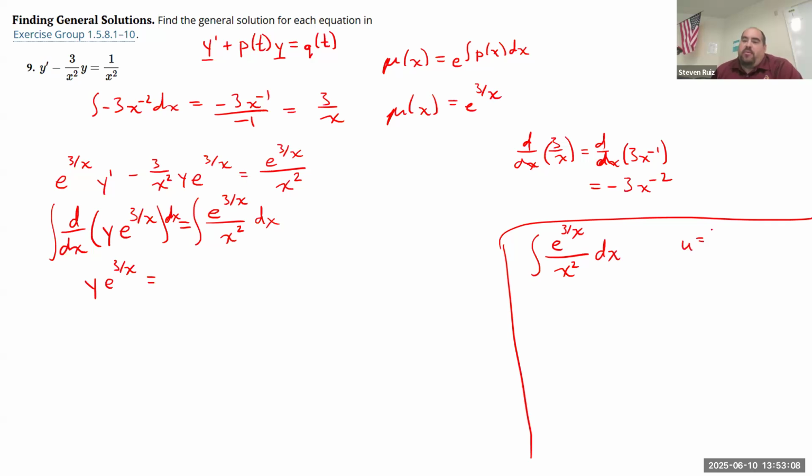I'm going to let u equal 3 over x, which means du will be equal to, we already did this, negative 3 over x squared dx. So how do I transform the rest of this integral? Let's do it in pieces. I see in the numerator, I have e to the u.